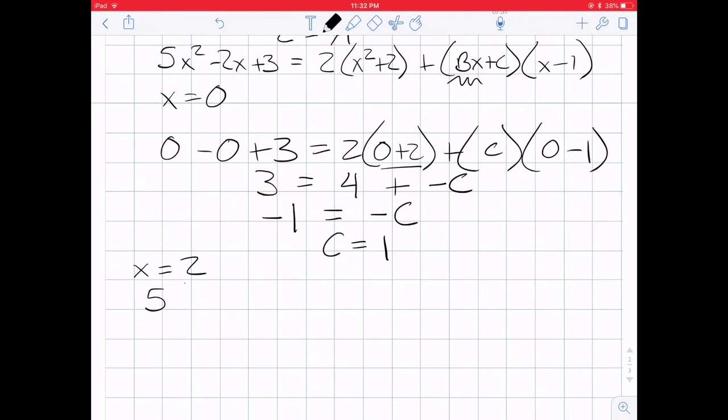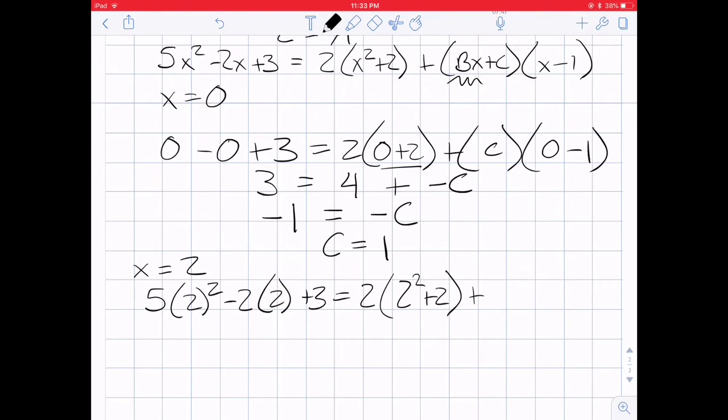That gives me 5 times 2 squared minus 2 times 2 plus 3 equals 2 times (2 squared, I will write it out, plus 2) plus b, which I don't know yet, but x is 2, c I just found was 1, and I'm plugging in 2 for x over here again.